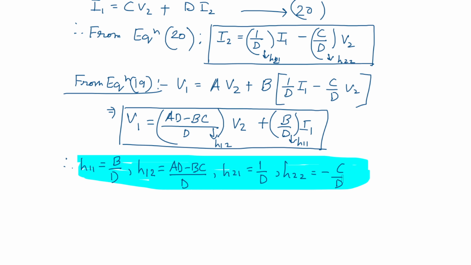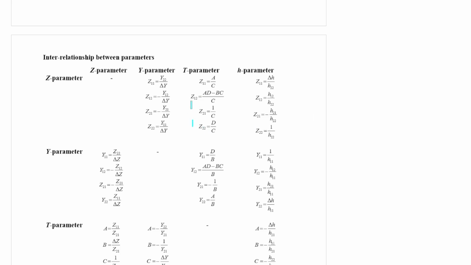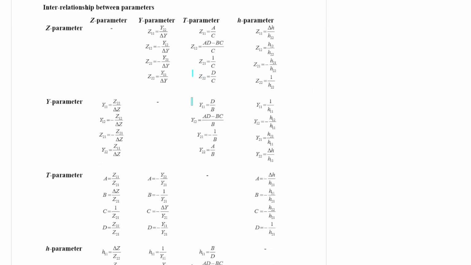So this is the total representation presented, Z parameters in terms of Y parameters. It is represented here. The derivation has been done previously. Again, Z parameters in terms of T parameters, transmission parameters.